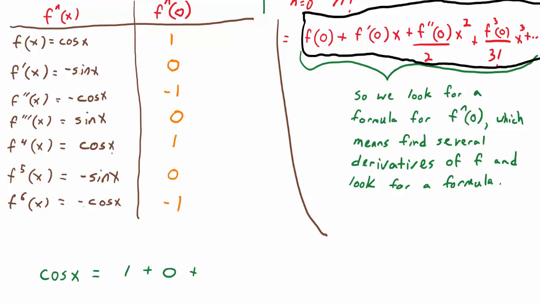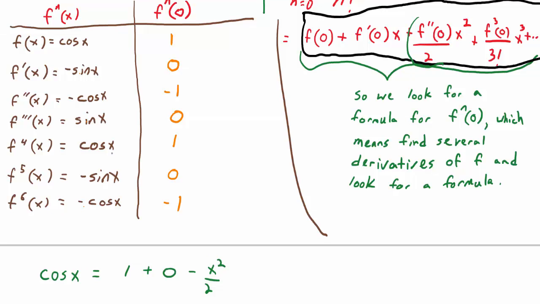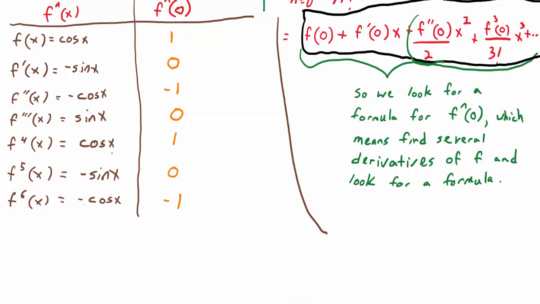Plus f double prime of 0, first of all, what is that? Negative 1 over 2 times x squared. So how about just minus x squared over 2? Does everybody see that? So that's for this one. In fact, just since it's the first time we've ever done it, let me put a copy of this formula down here so you guys can really compare it.